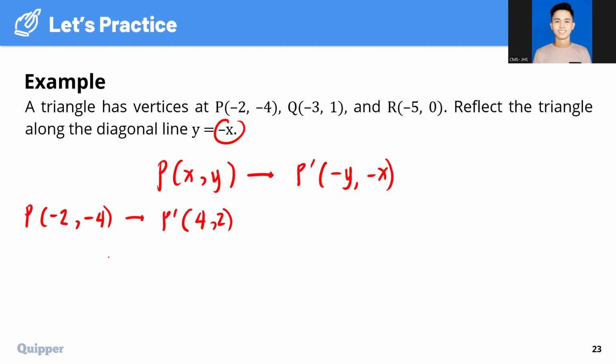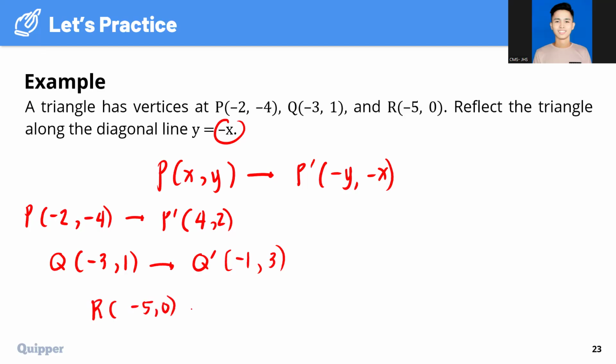Very simple, right? For Q, with coordinates negative 3, 1, it will now become Q prime. Switch, negative 1. Switch, positive 3. Switching x and y, and then flip their sign. Last, for R with coordinates negative 5, 0, it will become R prime. 0 is still 0.